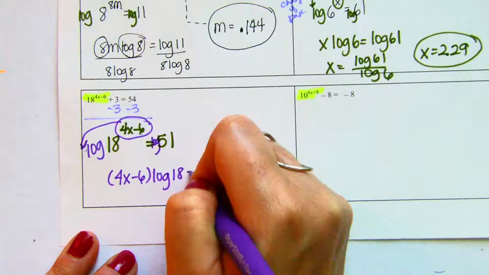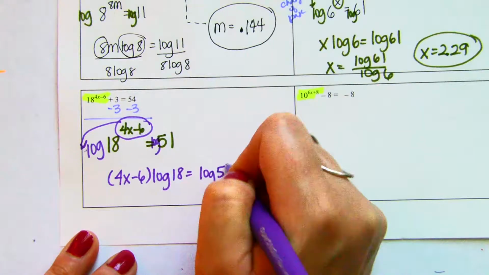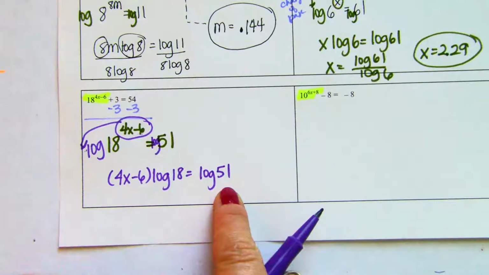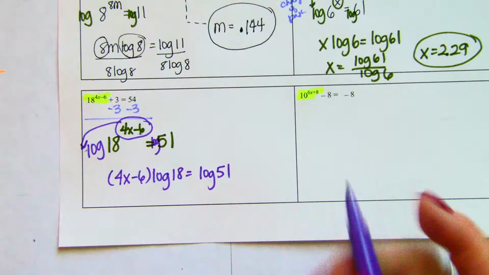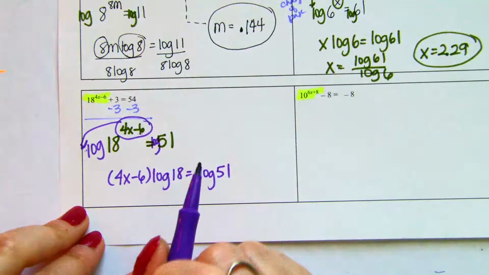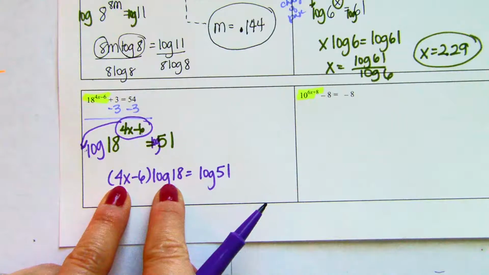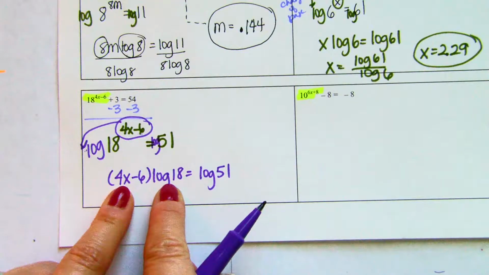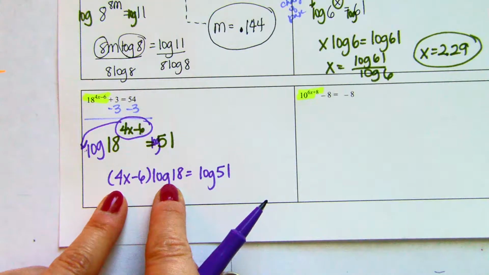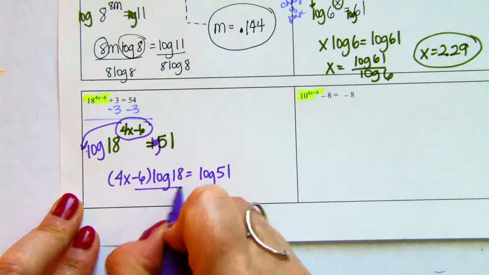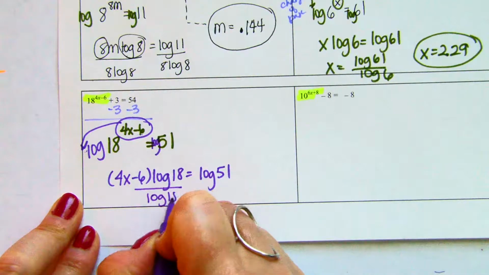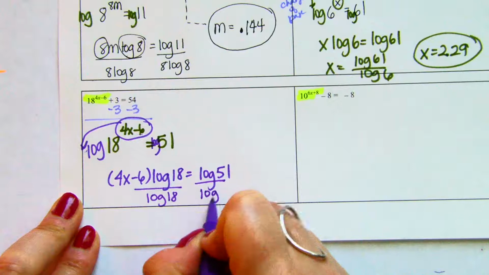And remember, this looks all complicated, but log 18 and log 51, those are just decimals. It's just numbers. Okay, so there's a couple different ways you could do this here. You can distribute the decimal to these two terms and then solve. I feel like that's a lot of extra work. I don't like to do that.